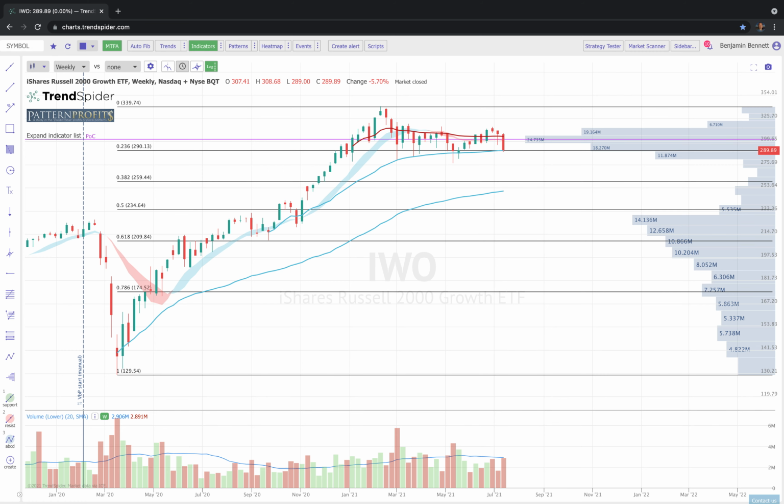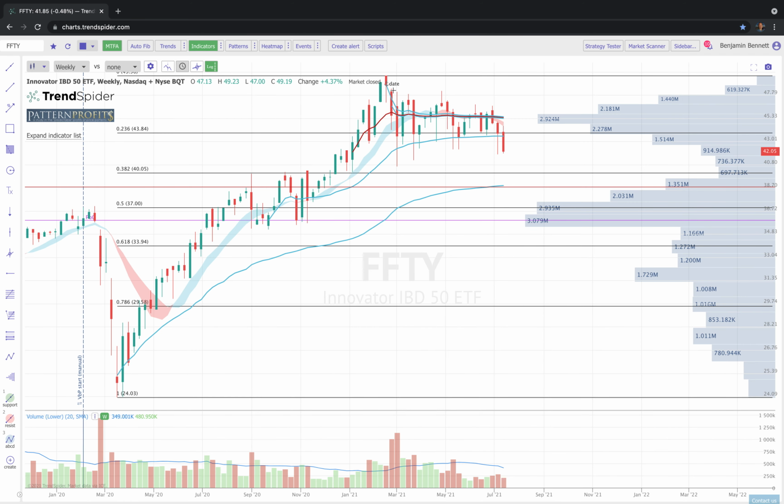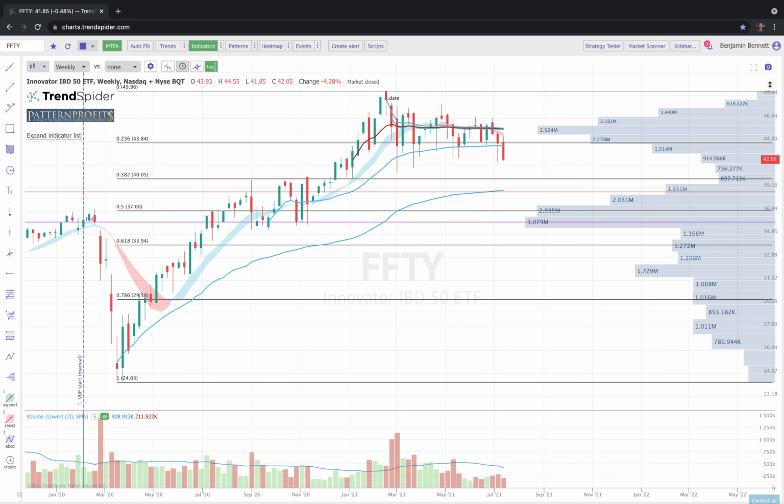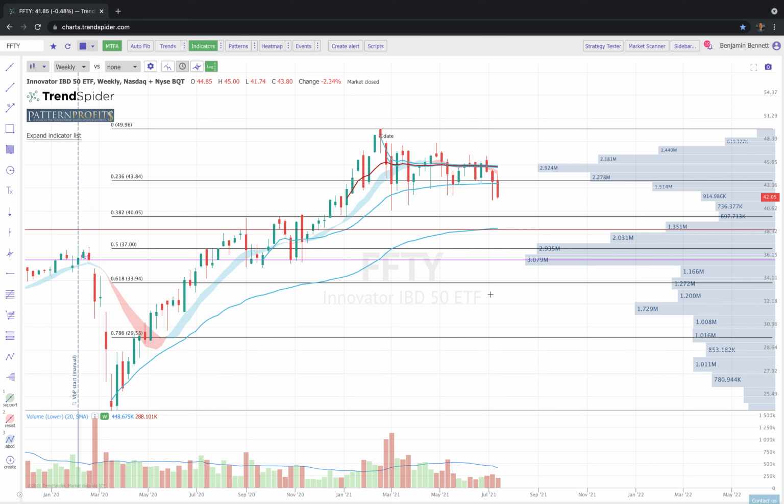The problem is if we go over to FFTY, which is the other proxy I like to use, this one looks much worse. We did have an inside week here last week, but just breaking all the levels, whether they were fib levels or the cloud, that's 10/13 that I use here, that acted as resistance last week, closed below the low from the previous base, that anchored VWAP there.